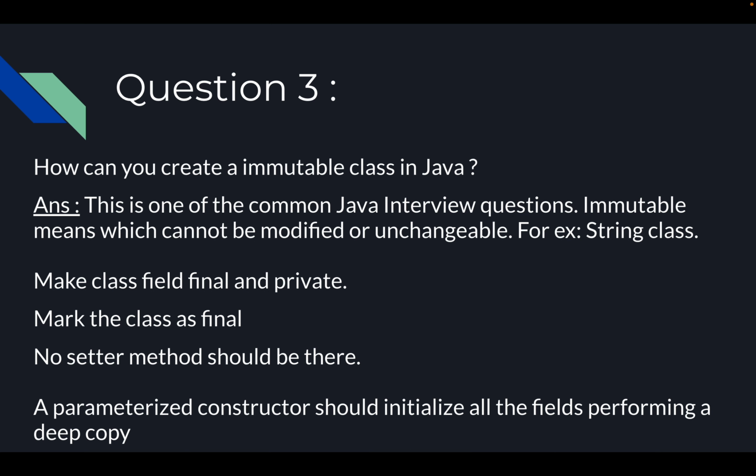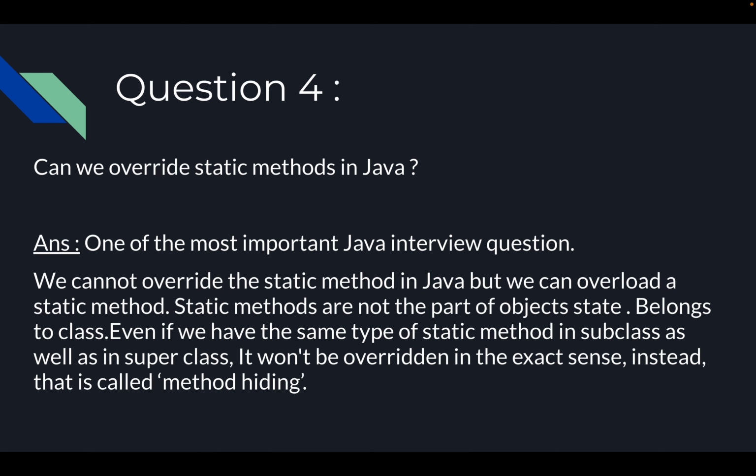To make a class immutable, we can make the class fields final and private. We can mark the class as final. No setter method should be there in the class, and a parameterized constructor should initialize all the fields performing a deep copy. So I suggest you implement the immutable class on your own and explore it more.